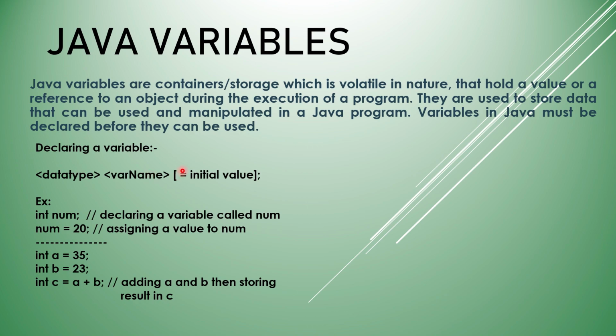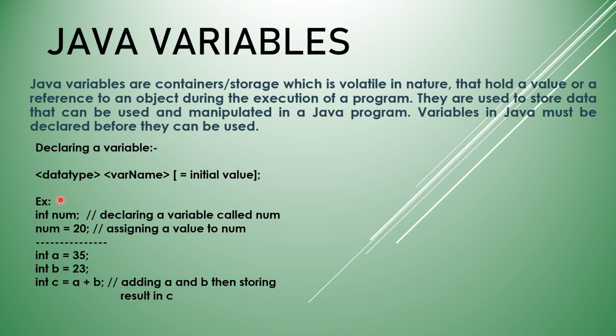And the third section is for initializing the variable. You can initialize the variable while declaring it, but this is optional. You can do it if it is required at the time of declaration of the variable.